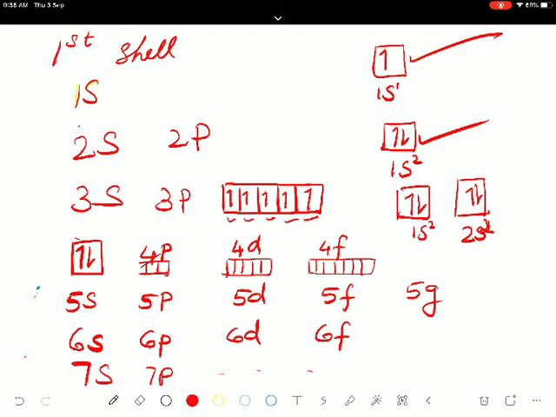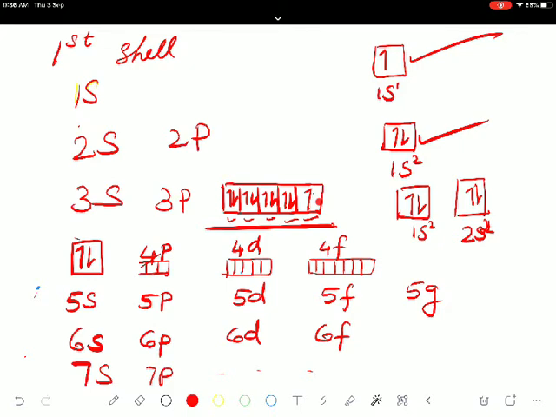Next, for iron, the pairing starts. So once these orbitals are singly occupied, now the pairing starts. Iron, cobalt, nickel, copper. In copper, to get the complete stability, one of the electrons from this will be pulled there to get the stability of completely filled.